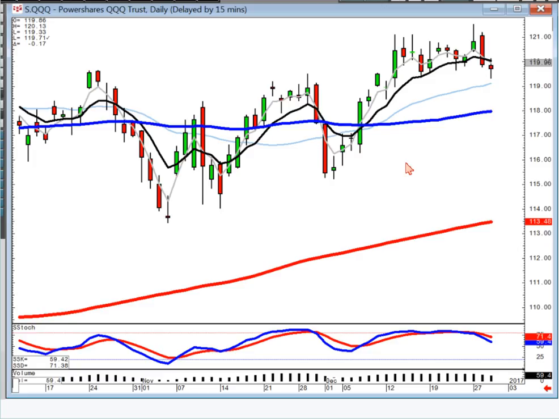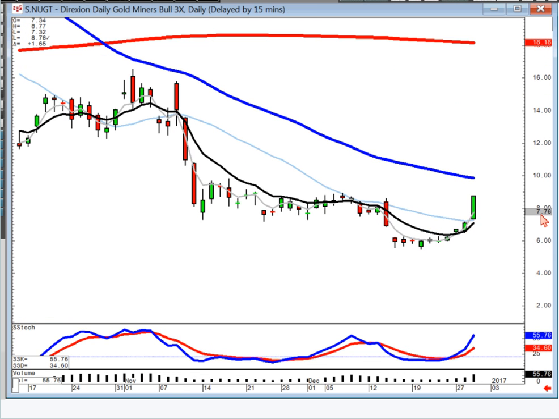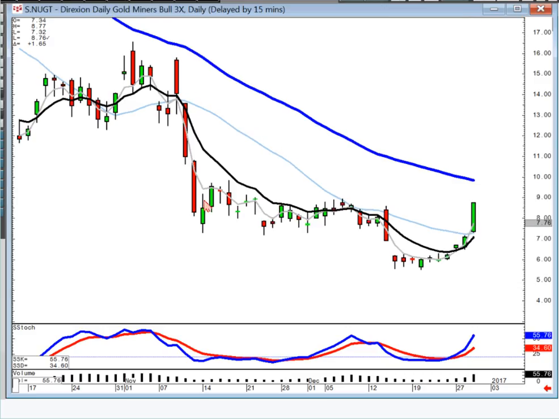All right, so if we know that gold is starting to pick up steam, then we can take a look at charts like Nugget, where we can see the pattern. Notice our scoop pattern. A scoop pattern has a scoop here and a long flat handle. So what do we know about a scoop pattern?